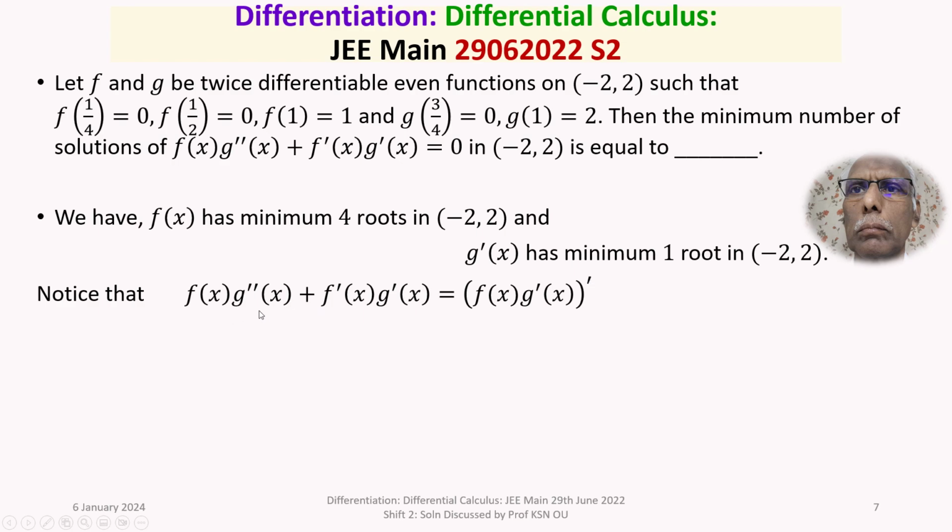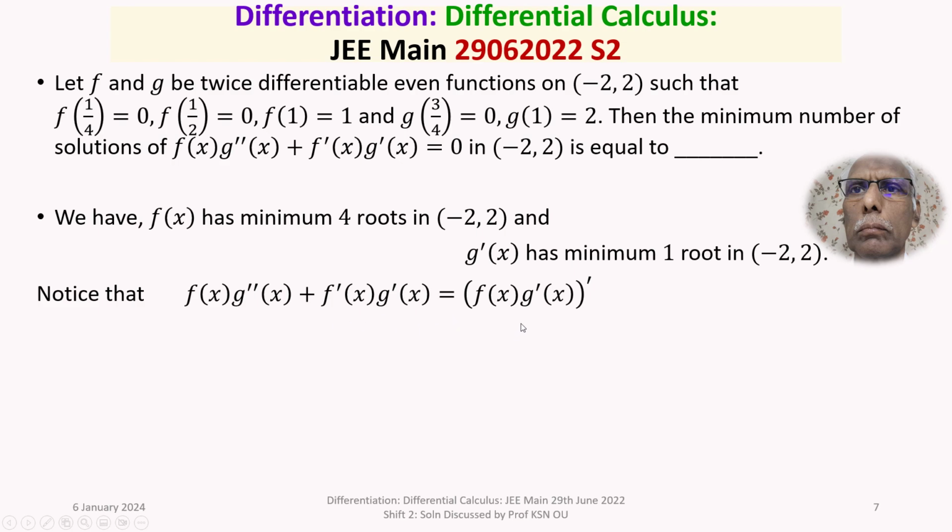And we need not worry about the existence of these functions, because f and g are given to be twice differentiable. That means f prime x exists and f double prime exists, g prime and g double prime exist in the open interval minus 2 to 2. Therefore, all these are there, so no need to worry.